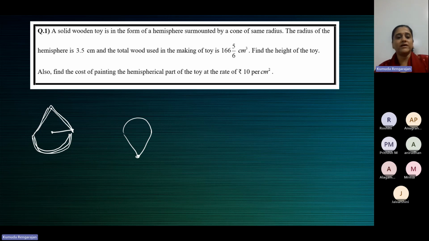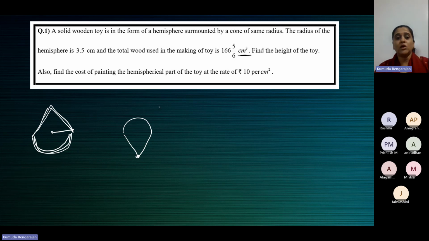Let's see what's ahead. The total wood used in making the toy is 166 5 by 6 centimeter cube. The total wood means the volume of the wood, and you can also see the unit there, centimeter cube. When do you use cube units? For volume.